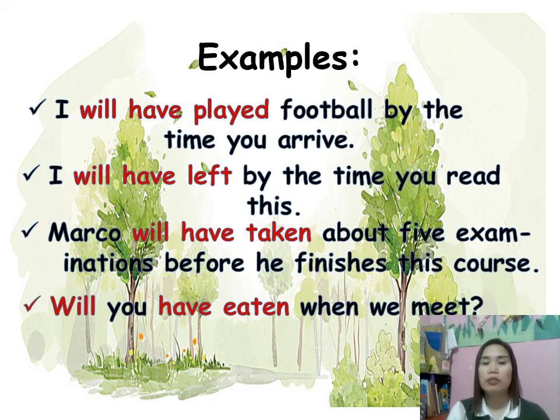Taken here is the past participle of the verb took, or rather take. So take, took, taken. And will you have eaten? So will have eaten. Eaten is the past participle of the verb eat.